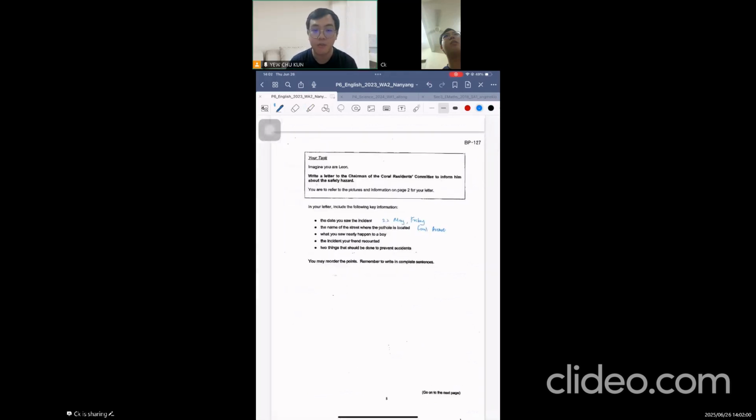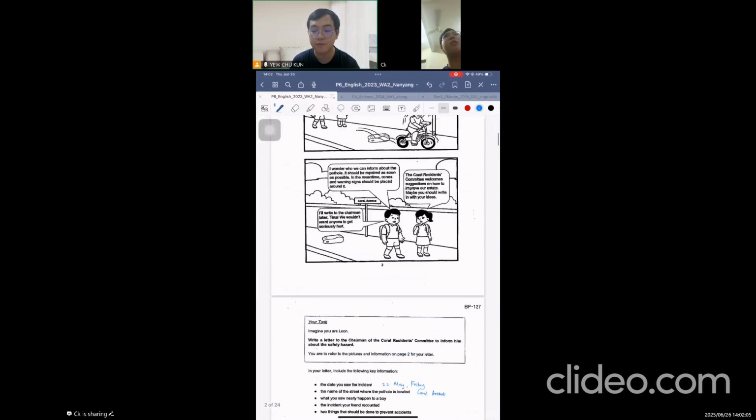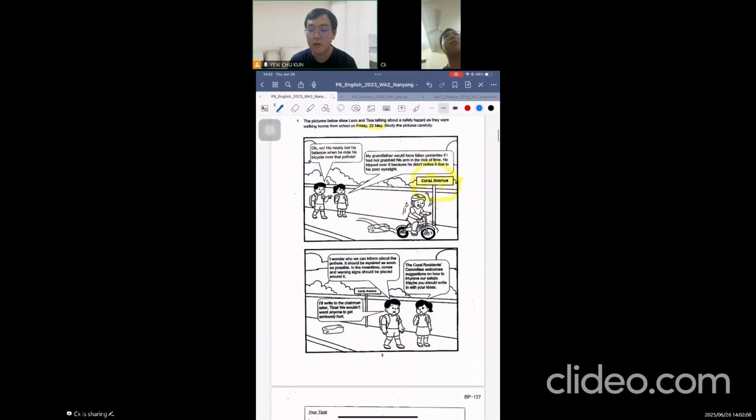So the third point we need to include is what nearly happened to the boy. So we pay attention to the first conversation, the first picture, the boy. You can see that he said, oh no, he nearly lost his balance when he passed the road. So how do we need to include it? The original words are he nearly lost his balance when he rode his bicycle over the pothole.